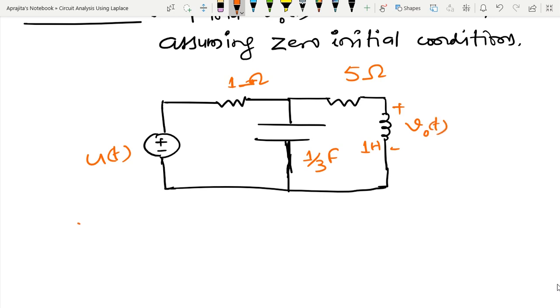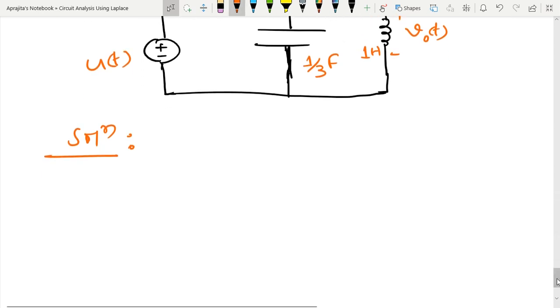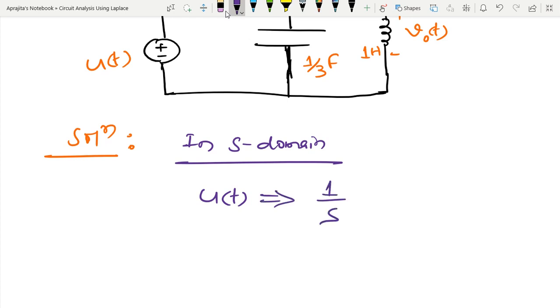I have already told you that the first step is to express everything in S domain. So in S domain, I can write u(t), that is the unit step function, and the Laplace transform of the unit step function I know, that is 1/s.